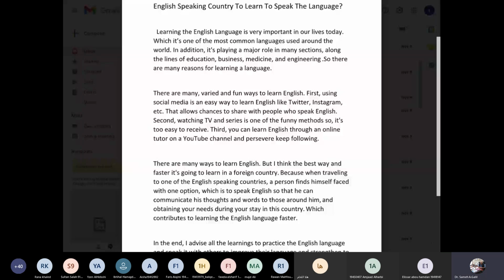Let's talk about how it misses the point. The point is about persuading people to travel abroad to learn, or perhaps asking them to stay and learn domestically.